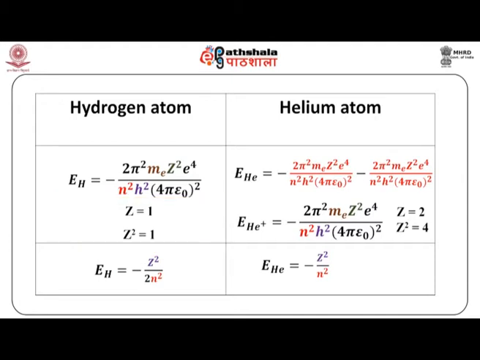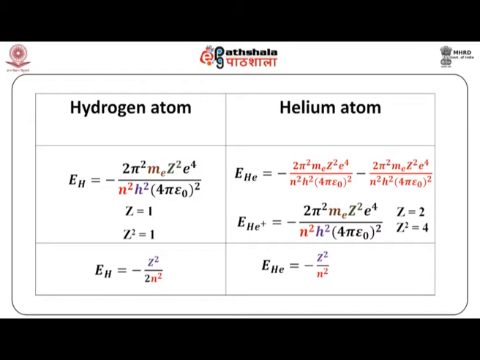On the right hand side the expression is the same, and it comes 2 times because the energy of the helium atom is equal to the sum of the energy of 2 helium ions. But Z here is 2, because it is just like a helium ion, one electron being attracted to a nucleus of charge plus 2, and therefore Z square would be 4.